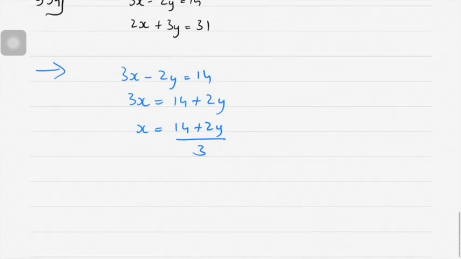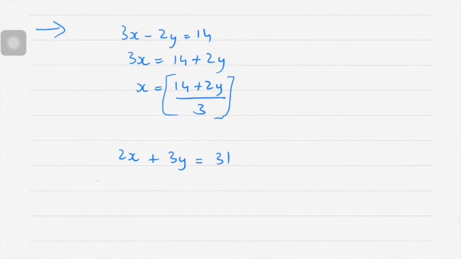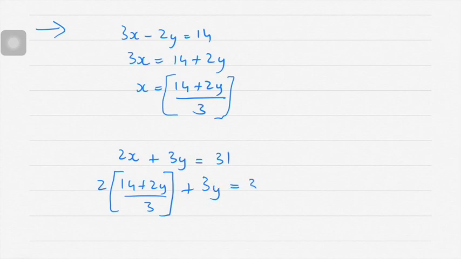Now consider the second equation. My second equation is 2x plus 3y is equal to 31. Instead of writing x, you will write (14 plus 2y) upon 3. So, 2 into (14 plus 2y) upon 3 plus 3y is equal to 31.